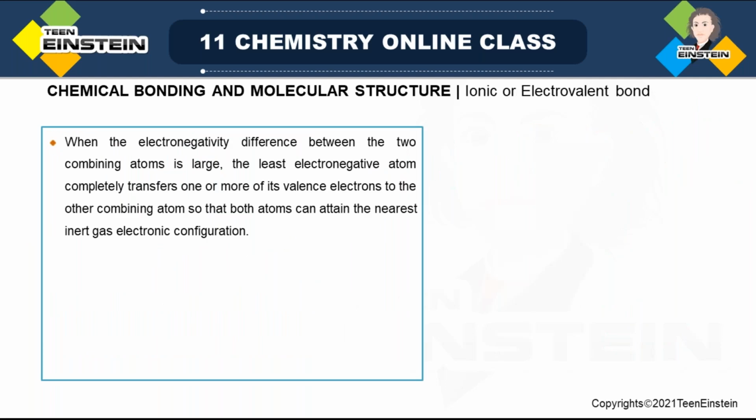A new topic, ionic bond or electrovalent bond. We already have some idea about the covalent bond, where there is proper sharing of electrons between 2 atoms. Okay, but now you will see something different. Covalent bond is mainly possible between 2 elements that are both non-metals. For example, F2, diatomic molecules, oxygen, chlorine, like this.